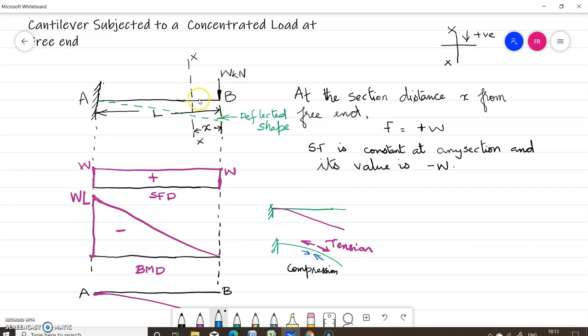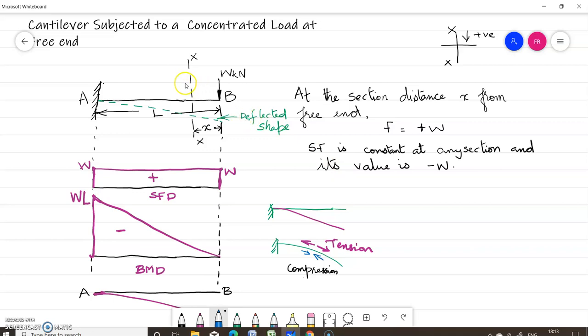First of all, consider a section line XX at a distance small x from the free end. What is the unbalanced force to the right of the section line? F is equal to W. Our sign convention is that to the right of the section, all the forces acting downwards are positive. So here the shear force at this section is W acting downwards, so plus W.